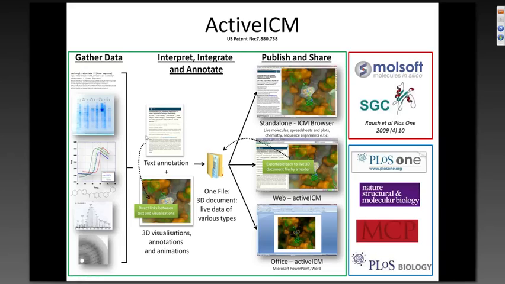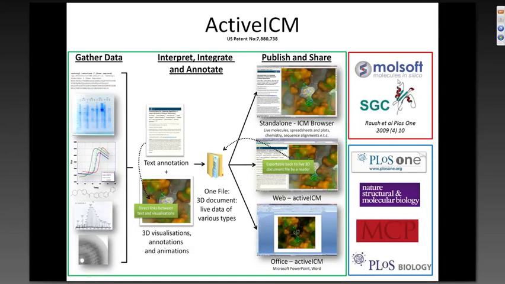You can put this into a single file in HTML format, and these can be directly linked by hyperlink to 3D structures or tables or any other object you have in ICM. And this is packaged in one convenient file, and then you can view this file in ICM-Browser or on a web page or in Microsoft Office.